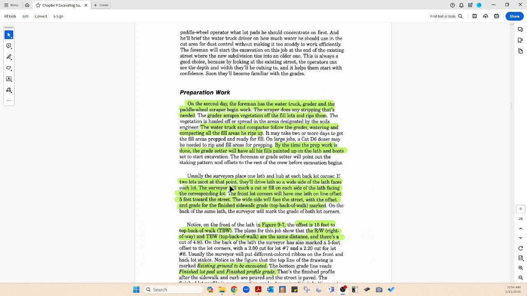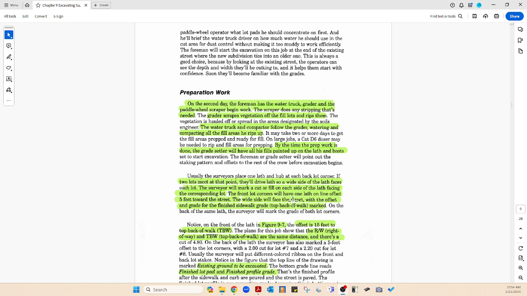If two lots meet at that point, they'll drive a lath so a wide side of the lath faces each lot, so there's writing on each side of the lath. We'll see that here in just a minute. A little example: the surveyor will mark a cut or fill on each side of the lath facing the corresponding lot, like lot 7 and lot 8.